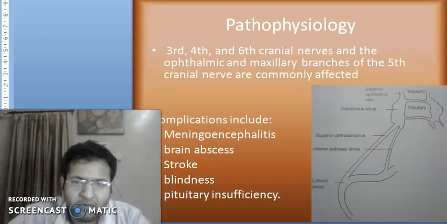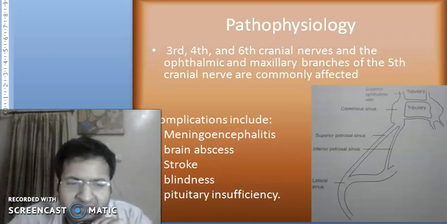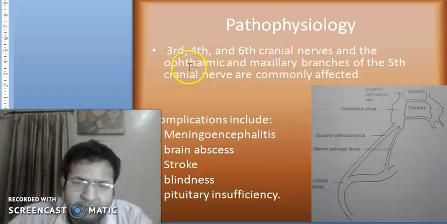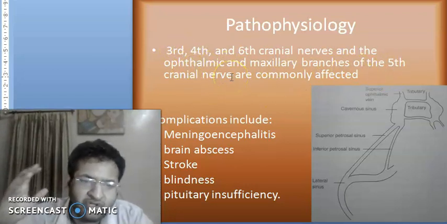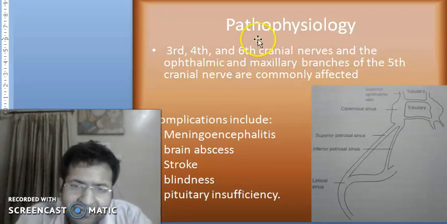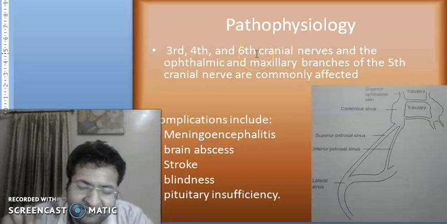Okay. What is the pathophysiology of cavernous sinus thrombosis? You might remember from anatomy class that the third, fourth, ophthalmic and maxillary branches of the fifth cranial nerve are located on the lateral wall of the cavernous sinus, and the sixth nerve is located inside the cavernous sinus.